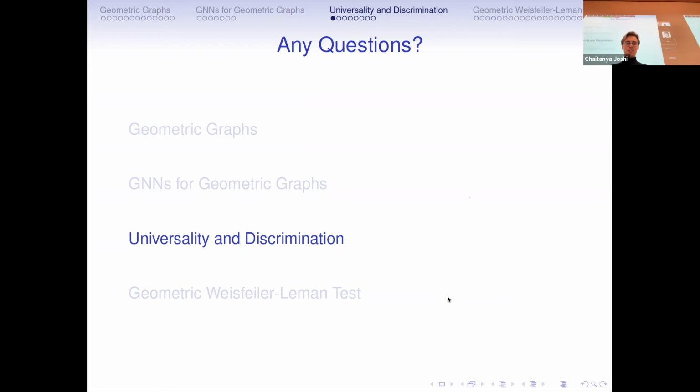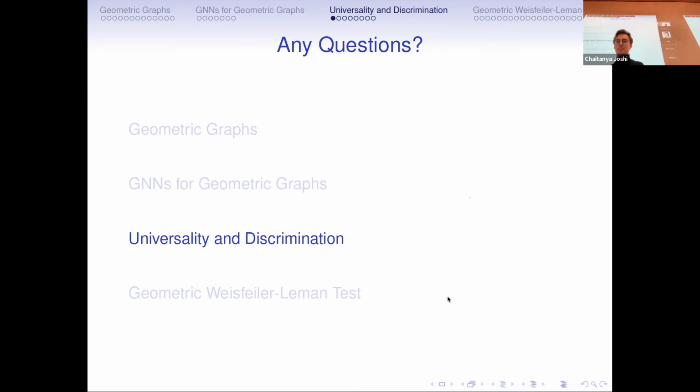Good. So much for the clarification. I will go with you into some of the work that we are presenting at the NeurIPS workshop, on how we can understand this toolkit of models that Chaitanya has just presented. There's a fantastic plethora of geometric GNNs that have popped up, and we want to understand which ones are good for which tasks.